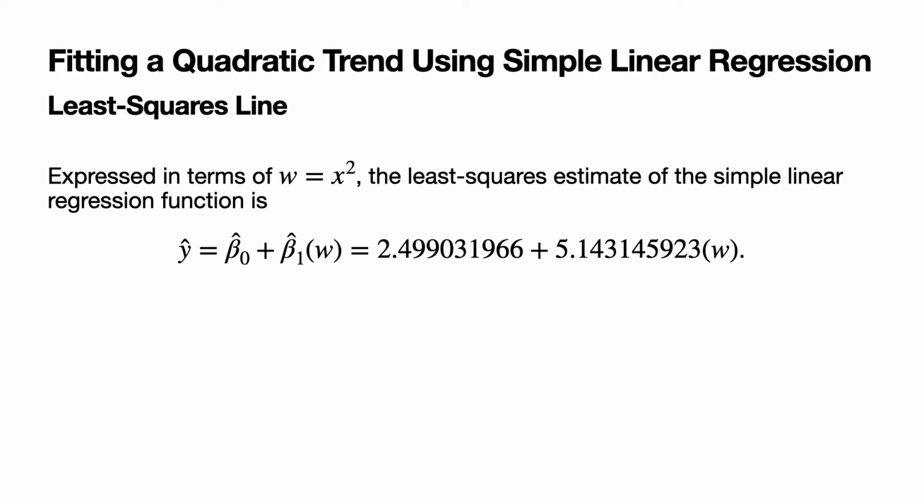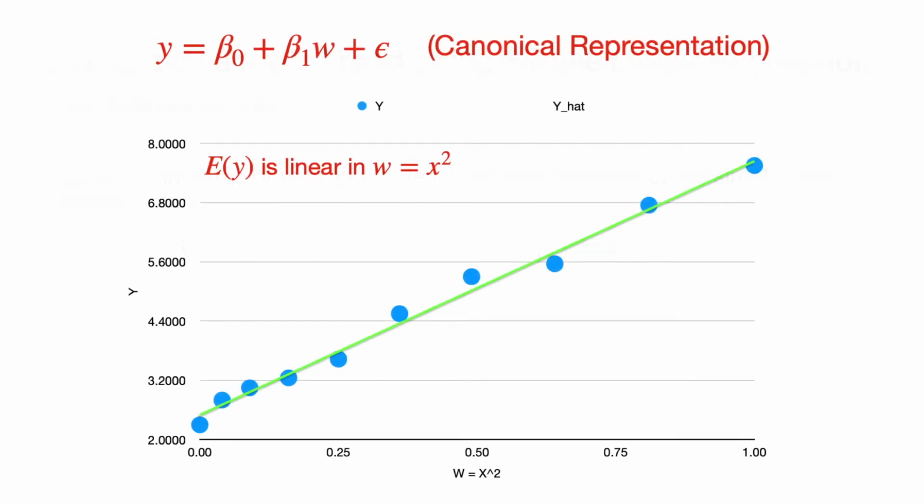Now, corresponding to this estimated regression line, which is in canonical form, we have a scatter plot of the data and the least squares line superimposed over the data, where we have y on the vertical axis and w on the horizontal axis.